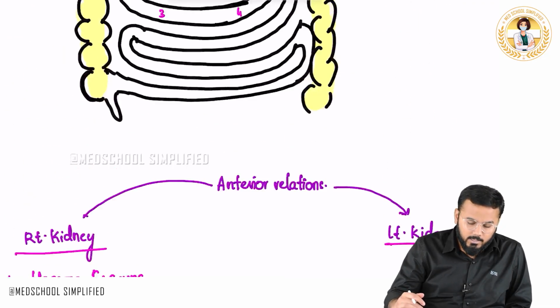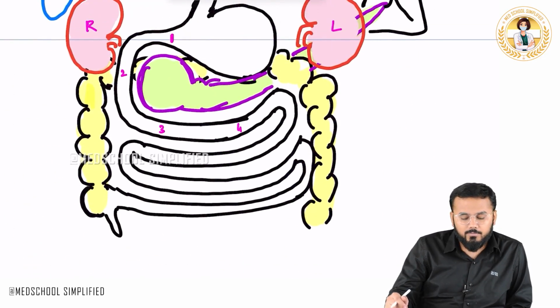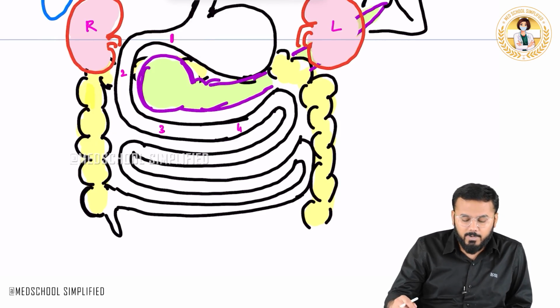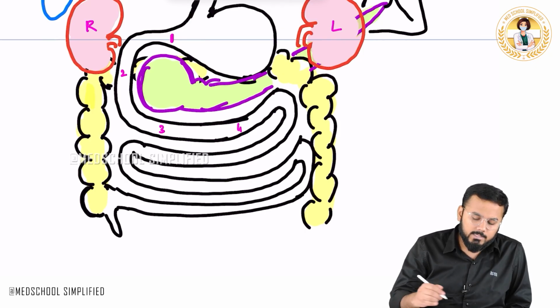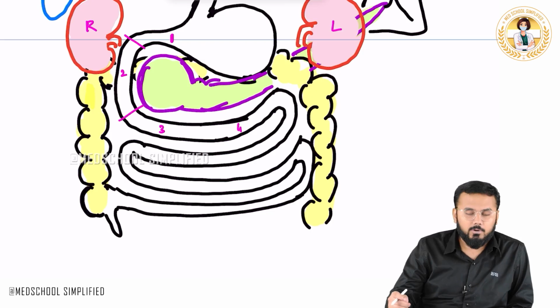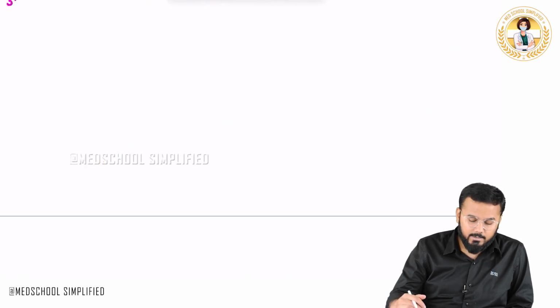Third important thing, if you look at the duodenum, which part of the duodenum is touching the right kidney, the first part or the second part? Exactly, if you look here, it is the second part. All the way from here till here is the second part. So the second part is in major contact with the right kidney.